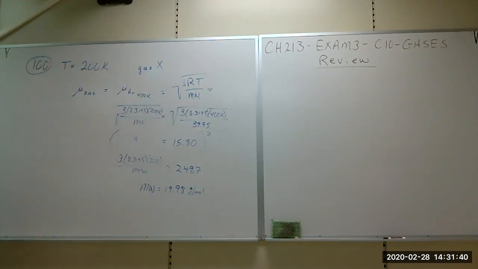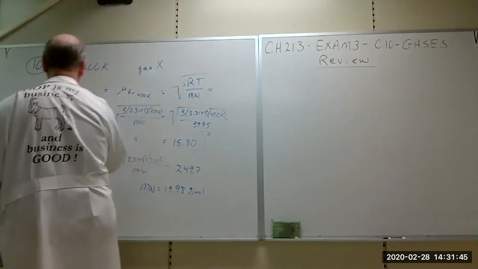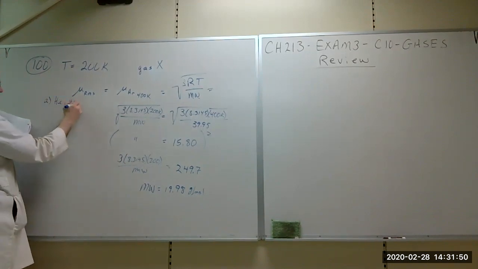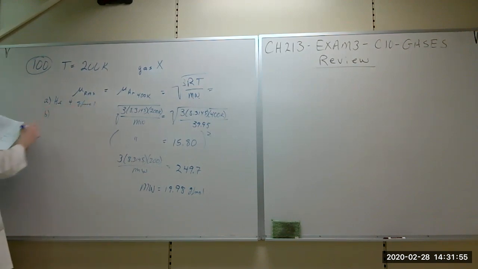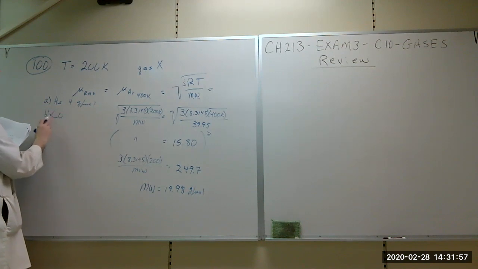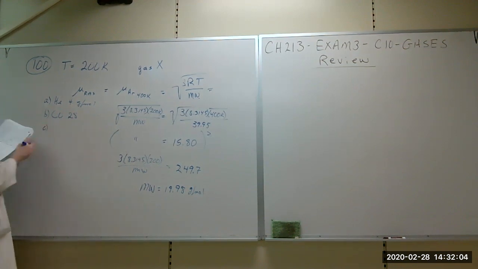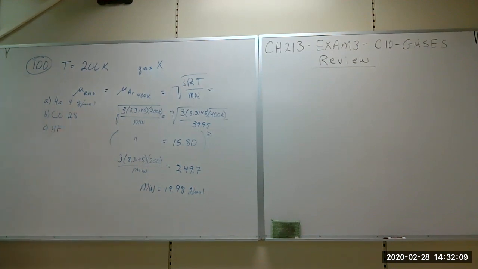And then we look at the choices. So what are our choices? Helium, that's 4 grams per mole. Can't be that one. Carbon monoxide, that's 12 and 16, so 28. That can't be it. HF. So F is 19 plus 1 is about 20.